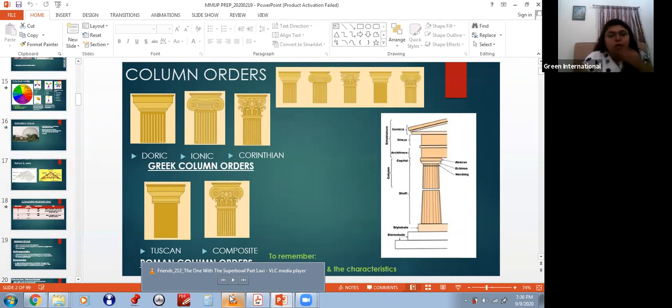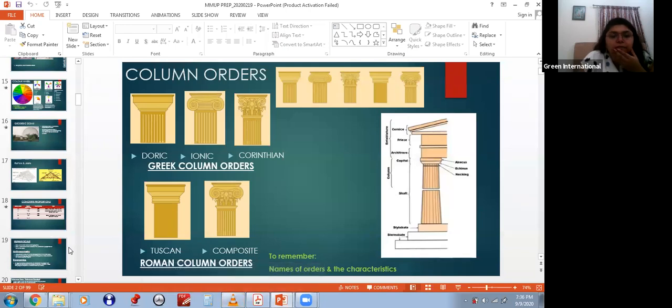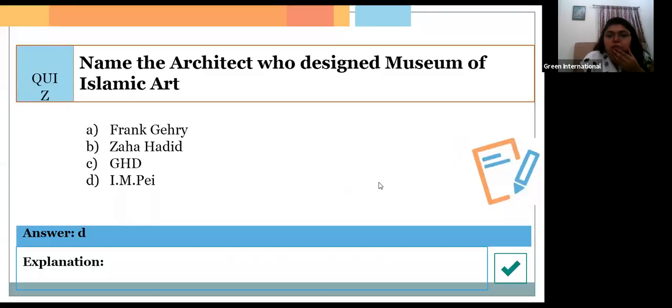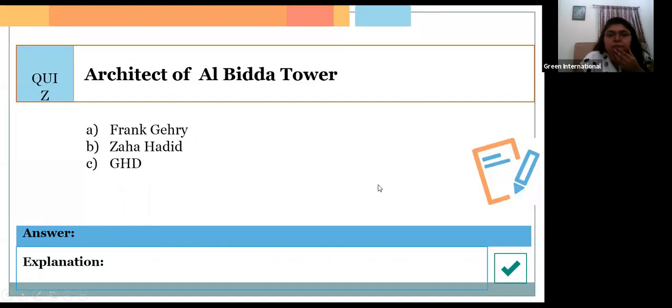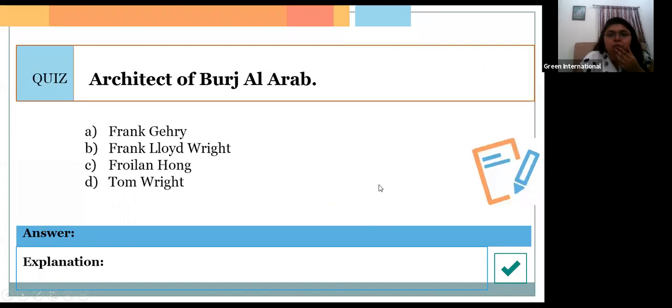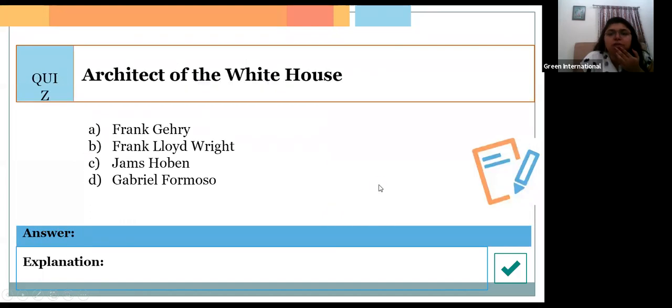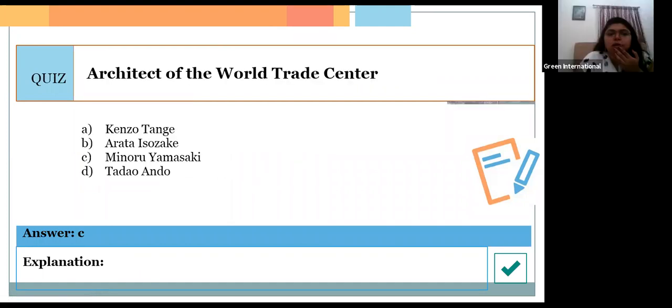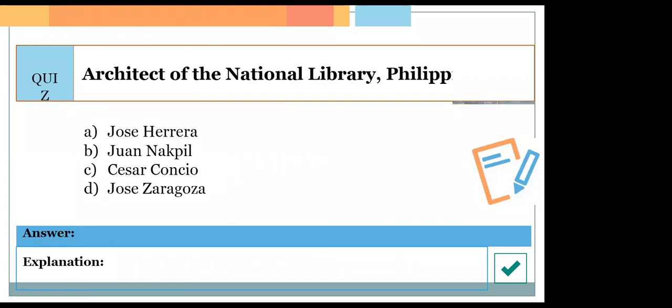Let's go back to this presentation. We did this, right? National Museum. Did you go through any of the buildings and the names of the architects? Anybody? No?